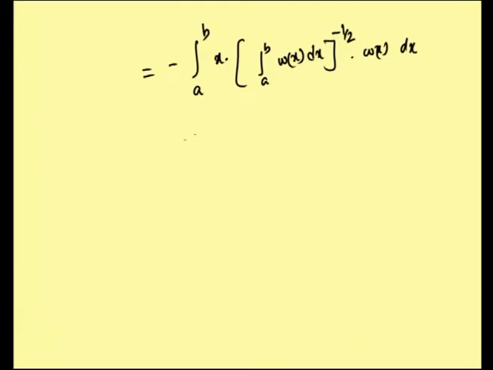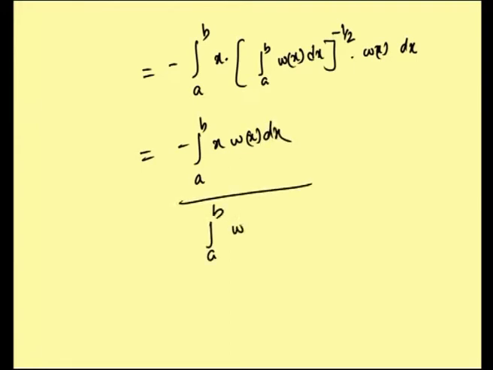So, it equals minus integral a to b x into integral a to b w of x dx whole power minus 1 by 2 into w of x dx. This is equal to minus integral a to b x w of x dx divided by integral a to b w of x dx whole power 1 by 2.